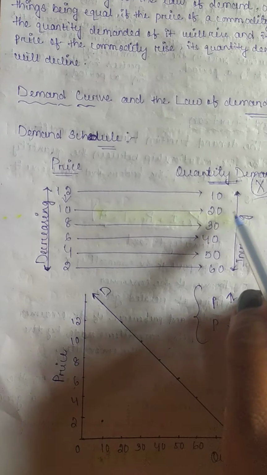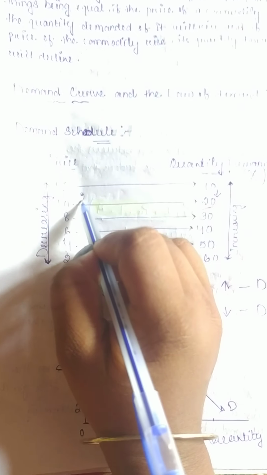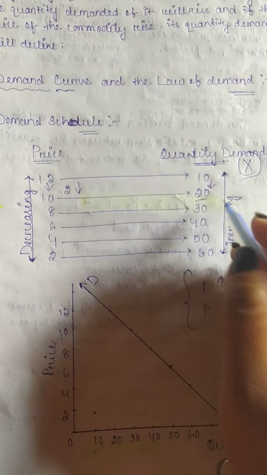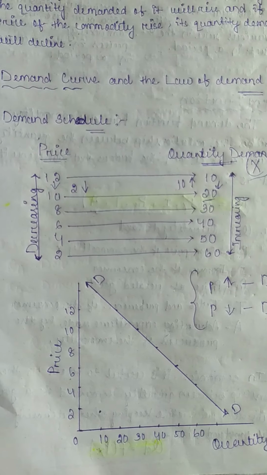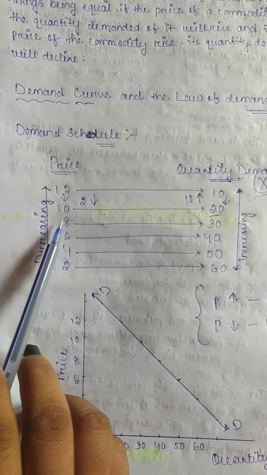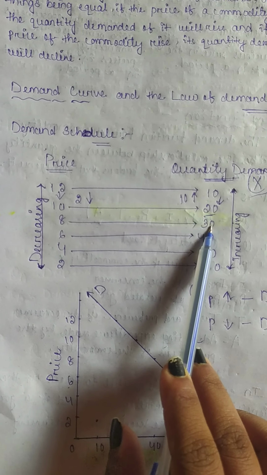Then quantity demanded increases from 10 to 20. Here we can say that when the price decreases by 2 rupees, quantity demanded increases by 10 units. Similarly, when the price decreases from 10 to 8, quantity demanded increases from 20 to 30.